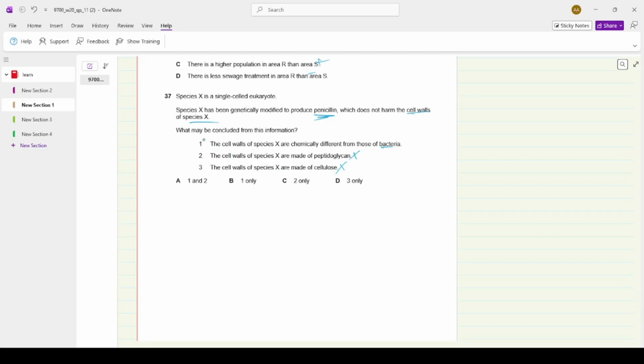But when you come back to option 1, the cell walls of species X are chemically different from those of bacteria. That makes sense because species X is producing penicillin, and we know the action of penicillin, which destroys the cell wall, won't be able to destroy species X. So since 2 and 3 are wrong, we can go for 1 only.